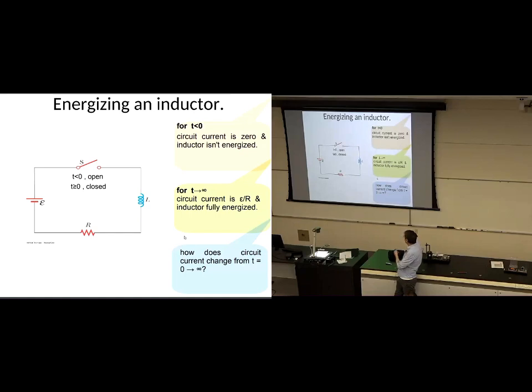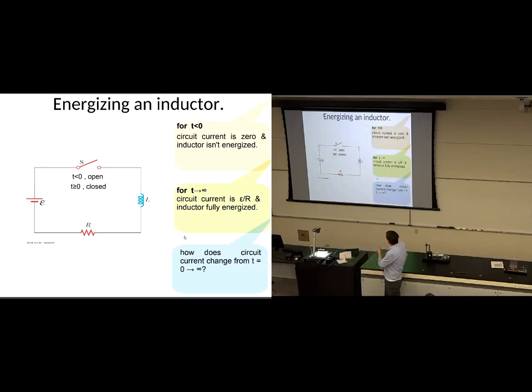And I wired them up in series with a switch to make a complete circuit. If the switch is open, then no current is flowing in the circuit, no magnetic flux is passing through the inductor, and there's no energy stored in the inductor.